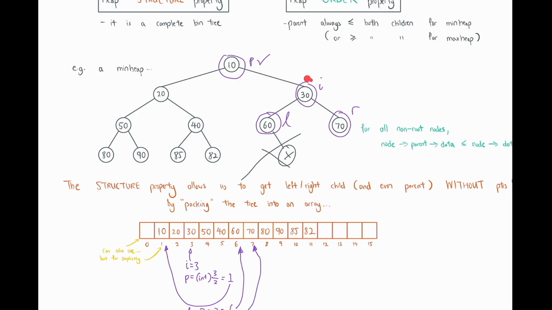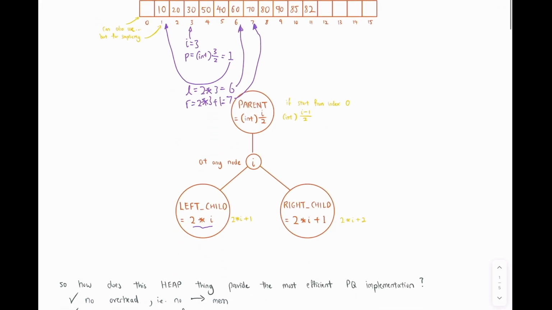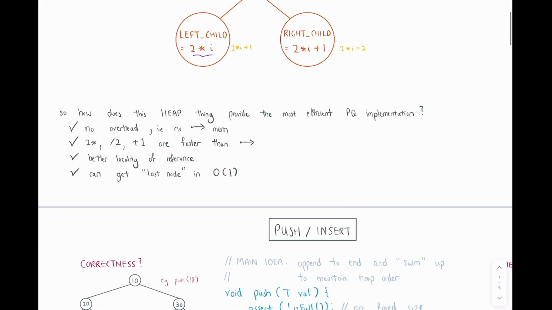Here I would need 3 pointers, left, right, and parent, because the operations require me to refer to all these 3 directions. So there's no pointer overhead.